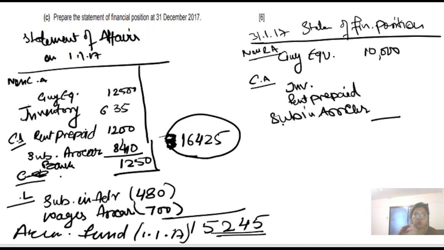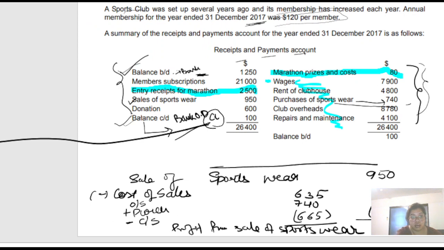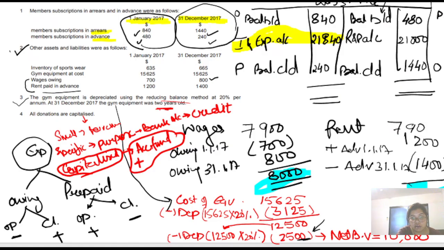So what is your inventory value? I'm going to show you. Please concentrate over here. Here, the inventory closing value is 665.